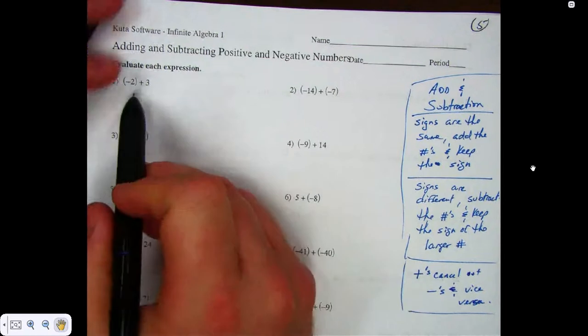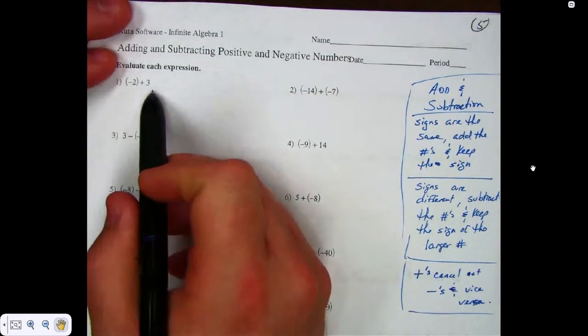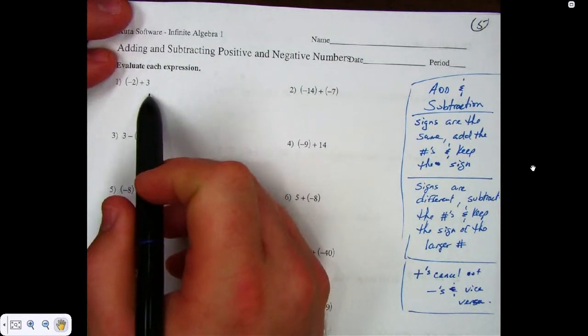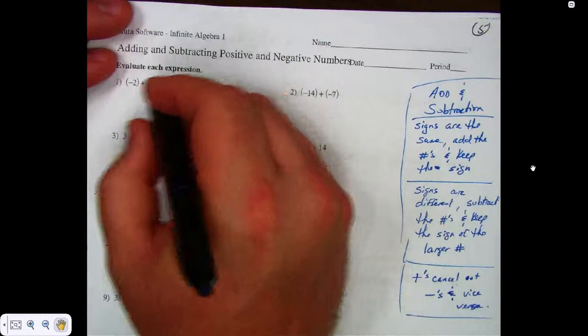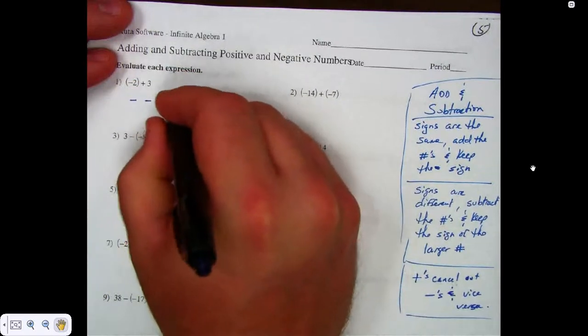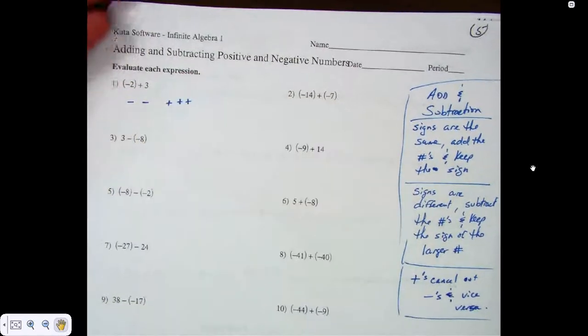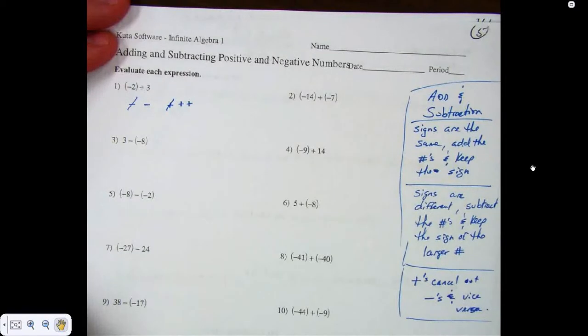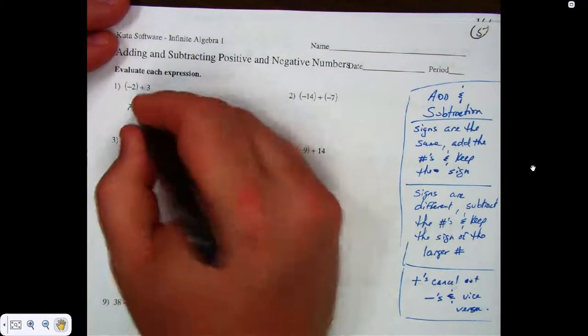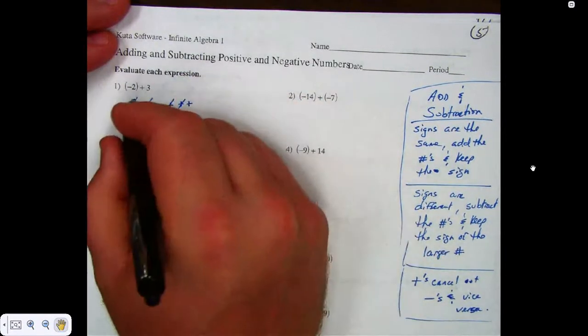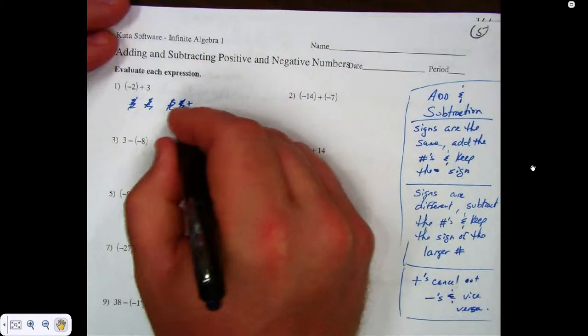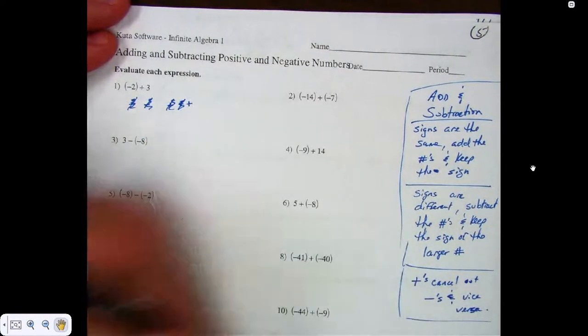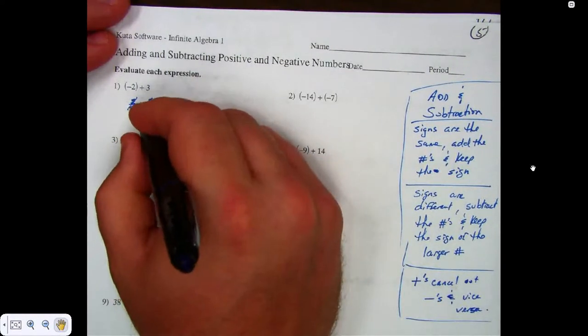So when I look at this right here, I've got 2 negatives and 3 positives, right? This negative cancels out what? One of the positives. This negative cancels out one of those, right? So what am I left with? How many positives? 1.